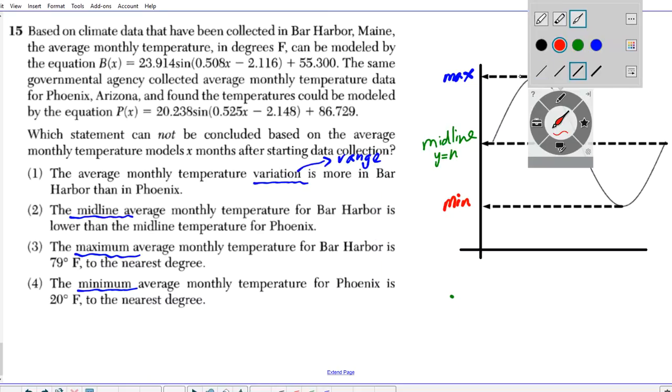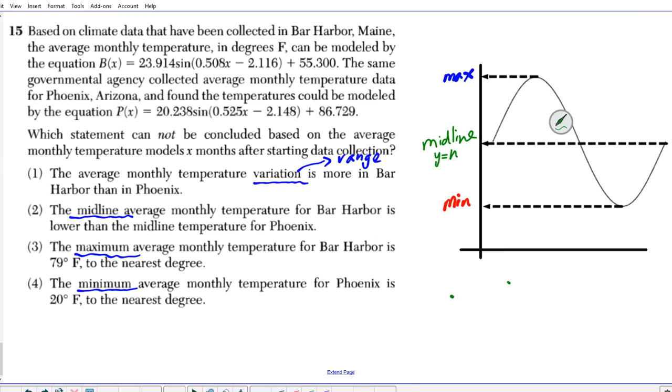Now how do you get from your max to your min? Well, the distance from the max to the min is your variation. But before we look at that, if you're going from the midline to the maximum or from the midline to the minimum, what you do is you add or subtract the amplitude from the midline.